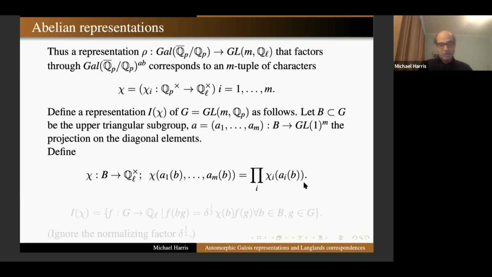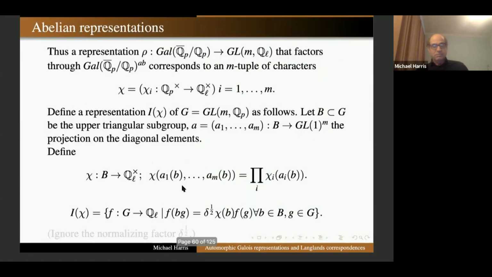All right, so now the Galois representation gave us a homomorphism from this upper triangular subgroup to QL star, but we want a representation of GLM, and we're going to do it by a process of parabolic induction.